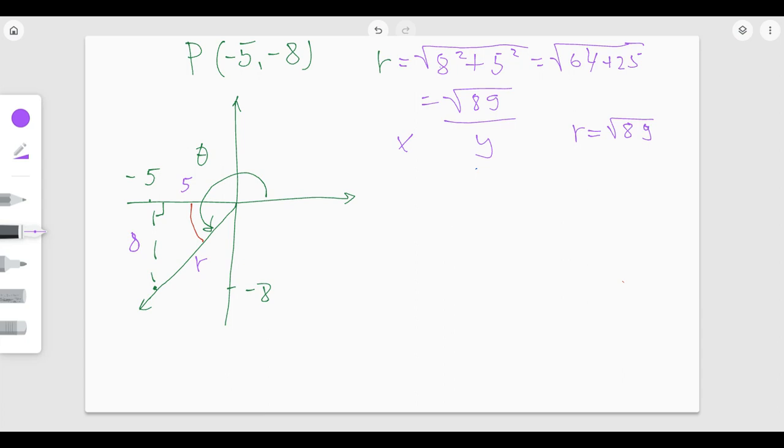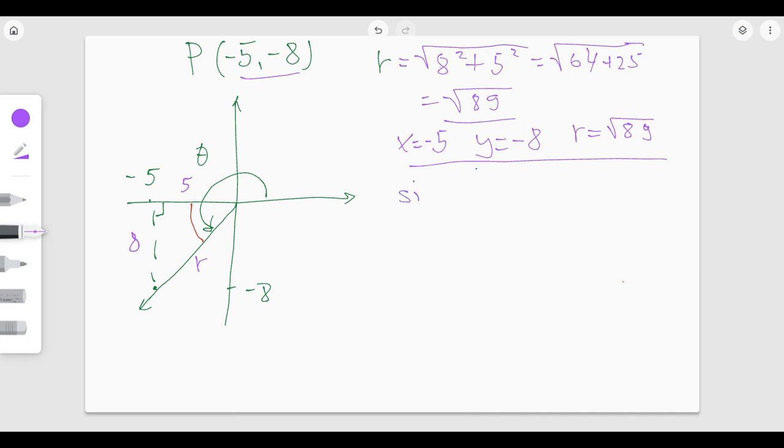So x and y are coordinates, not the length of the sides. So we take them as they are given in the coordinates, in the ordered pair. So x is -5 and y is -8.